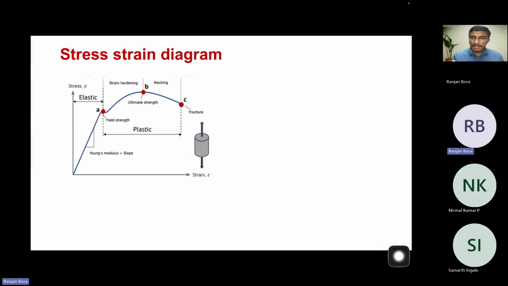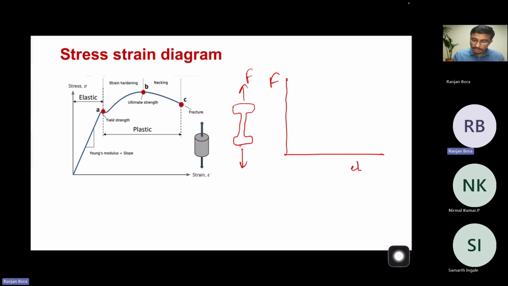So what we do, we place some dog bone type of specimen in the machine, and we apply the tensile load, and from that experiment, we get the force versus elongation plot. From this plot, we can get stress versus strain by dividing the force with area and dividing the elongation with the initial length.